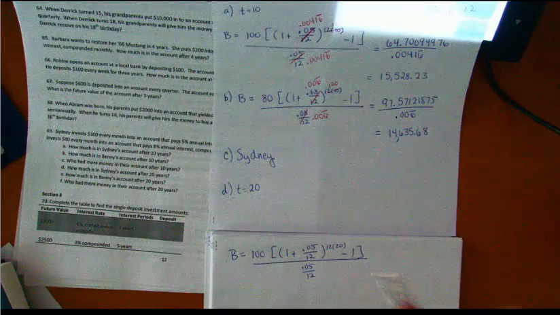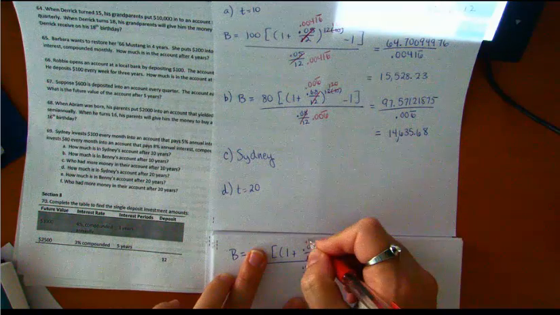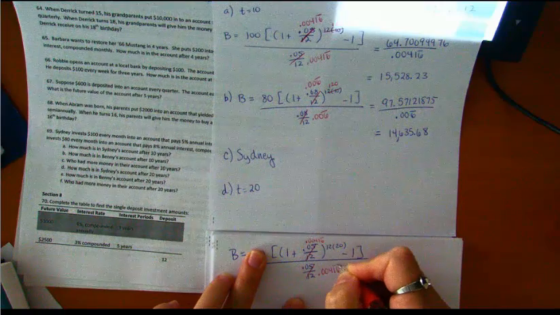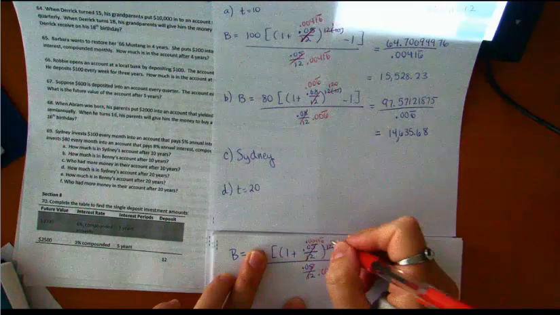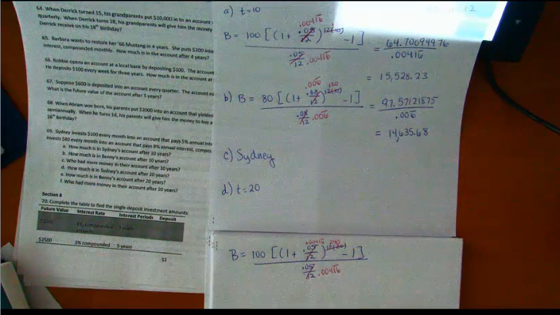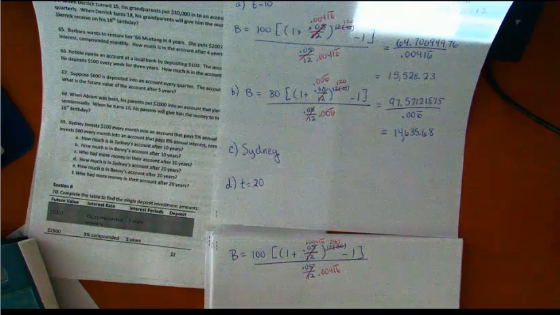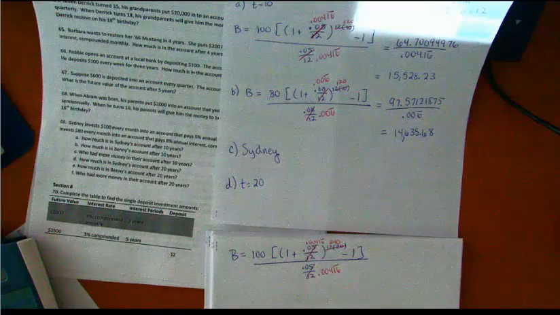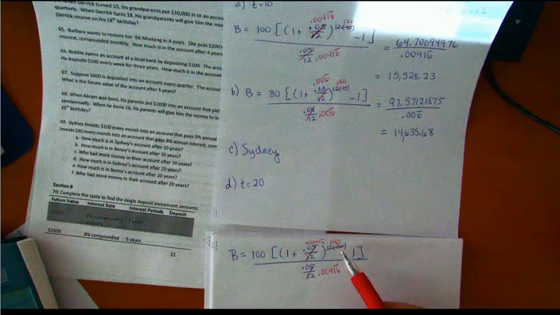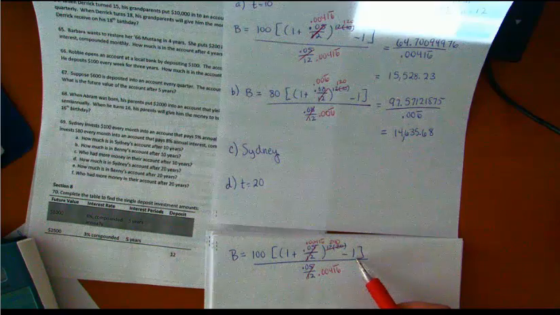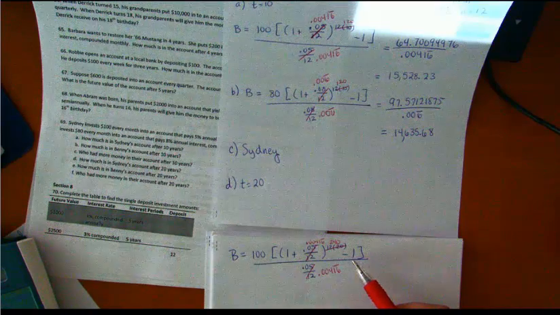Excuse me. This number will be the same. This number is going to double. Instead of being 120, it's going to be 240. So I take my decimal, add 1 to it, raise it to 240 this time, subtract 1 from it, and then multiply it by 100.